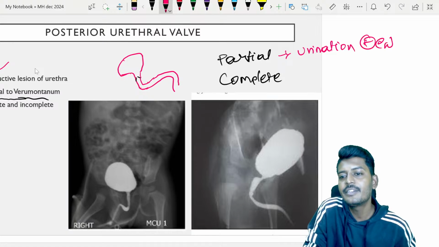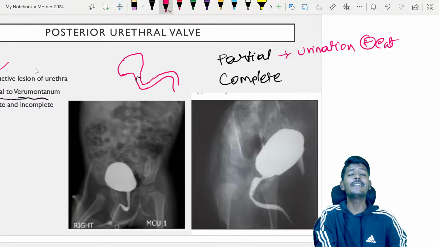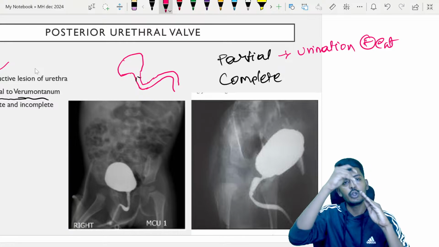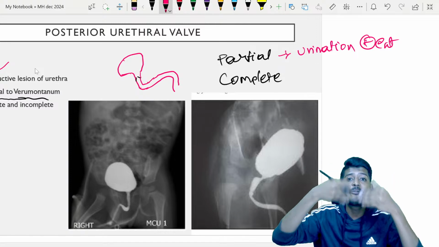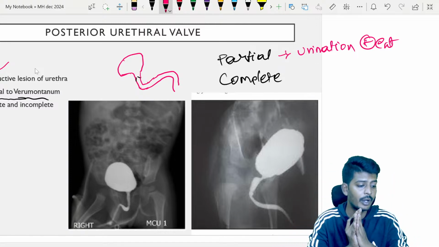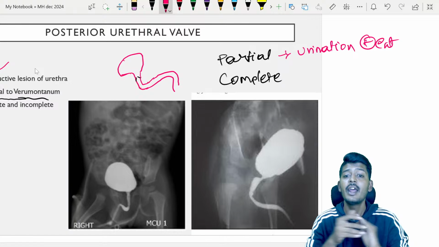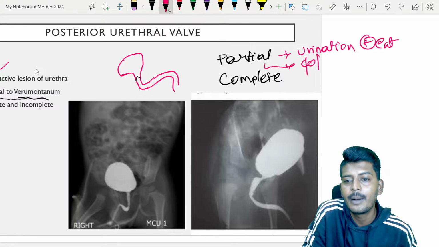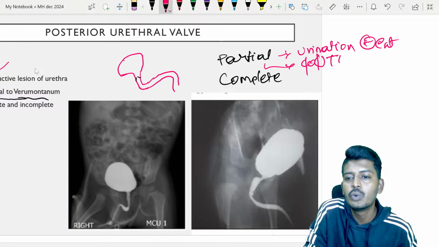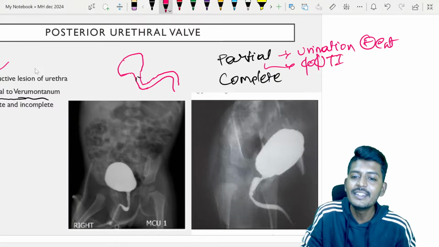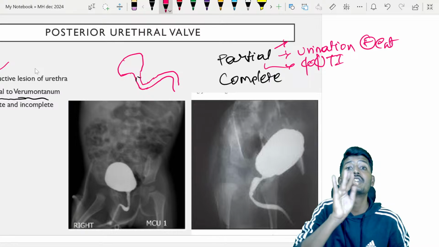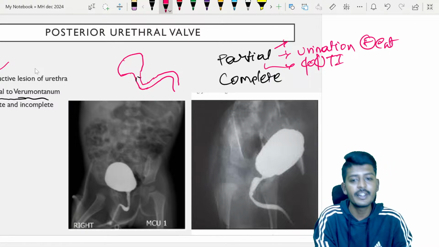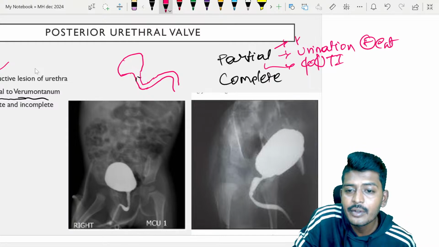But valve is there, वो completely बना नहीं, तो urine तो pass होगा, but not very well. So the child will have complaints in the partial type: recurrent UTI, urinary tract infection, and slow stream of urine.